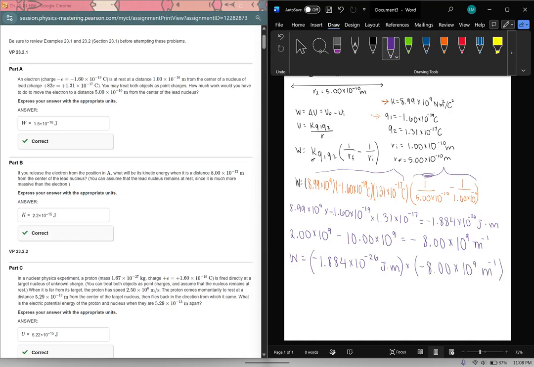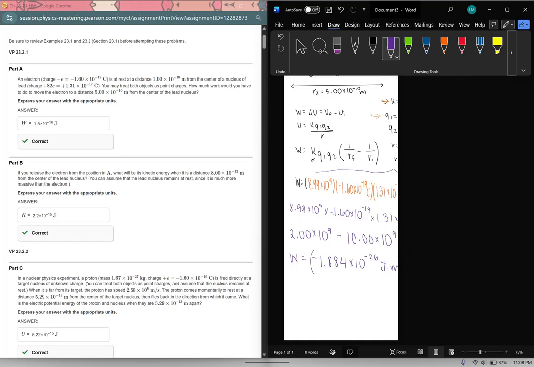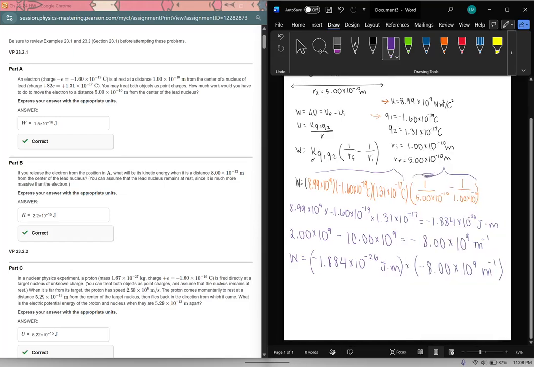Let me plug that into my calculator, negative 1.884 times 10 negative 26, multiplied by negative 8.0 times 10 to the power 9 per meter.